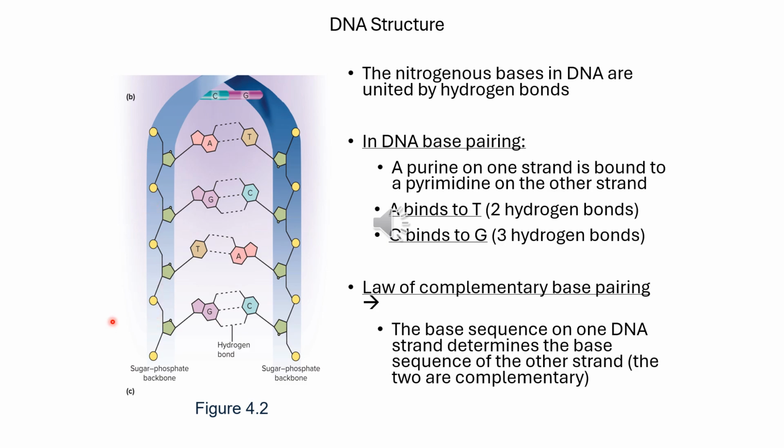Again, the next one is thymine attached to the adenine, and the next one is a guanine attached to the cytosine. You will notice that adenine always binds with thymine, and guanine always binds with cytosine. This is called the law of complementary base pairing.